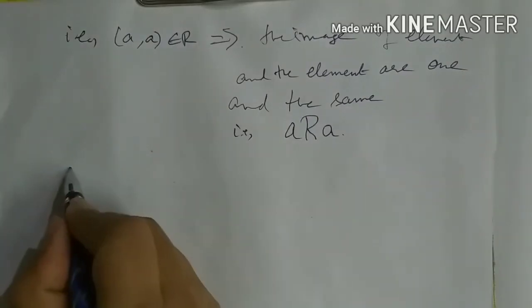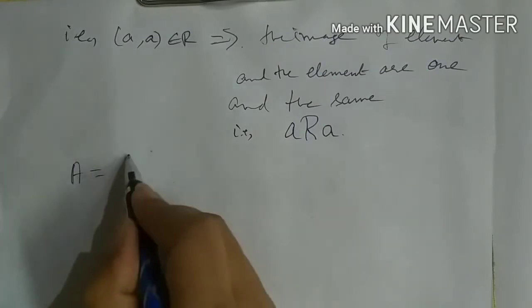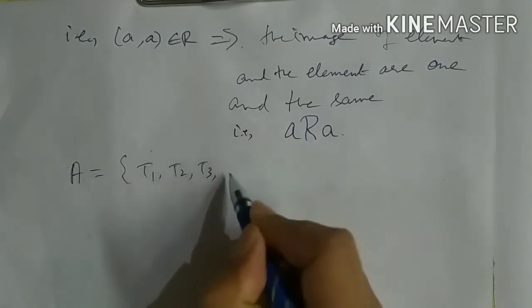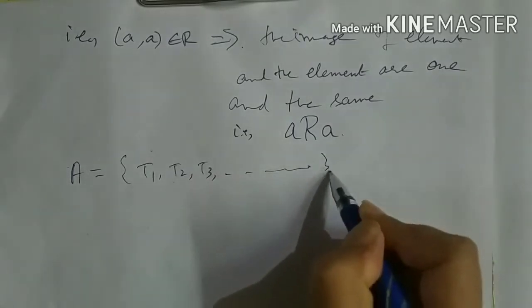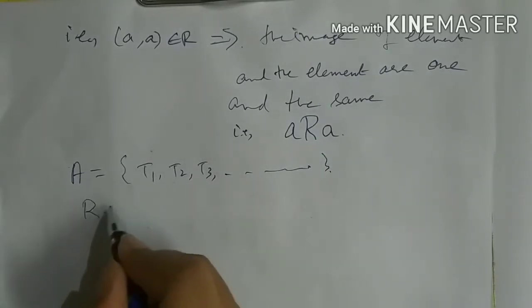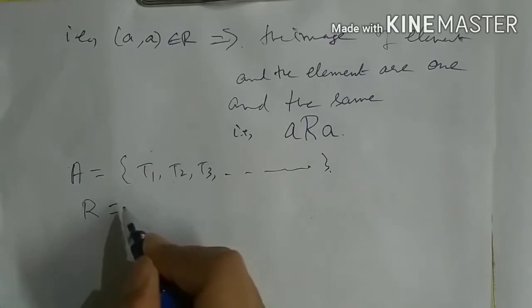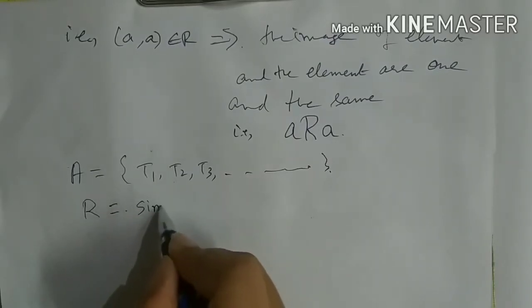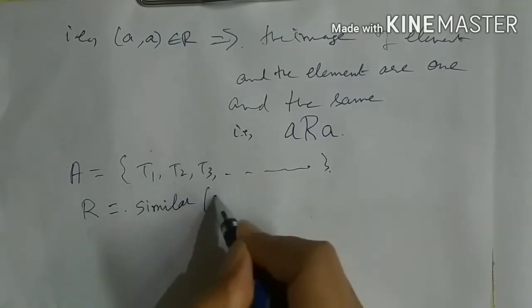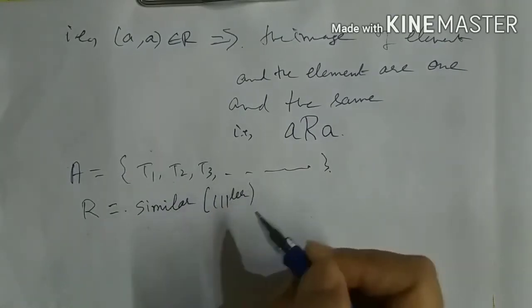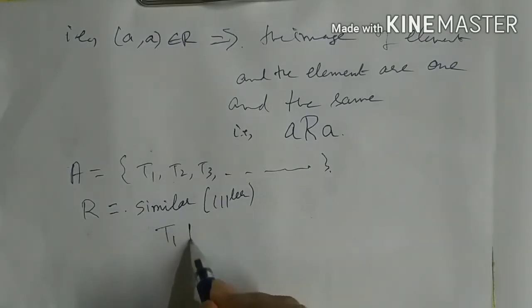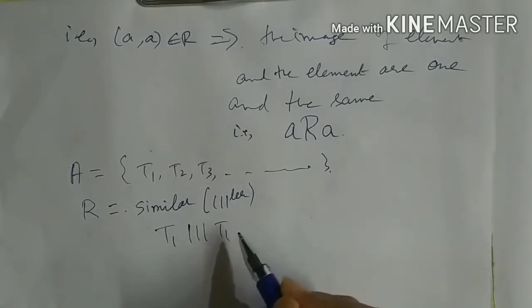Let us consider an example. Let A be the set of all triangles T1, T2, T3, etc. Let the relation be similar.